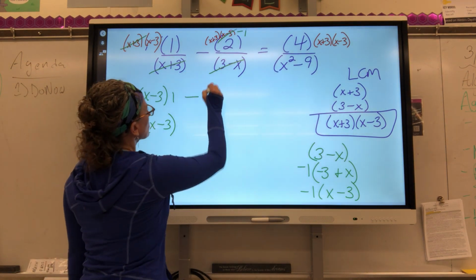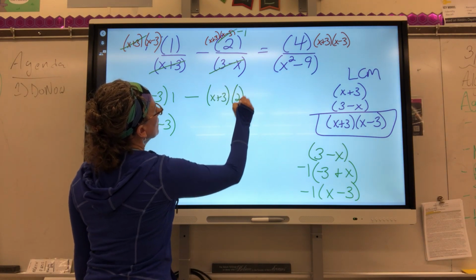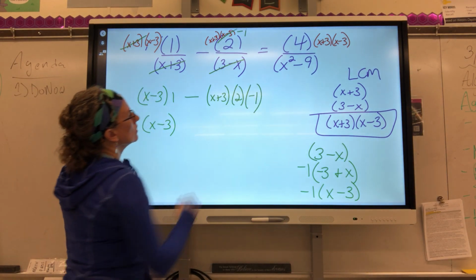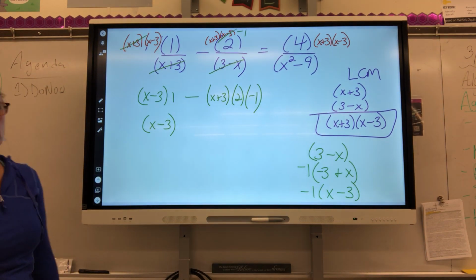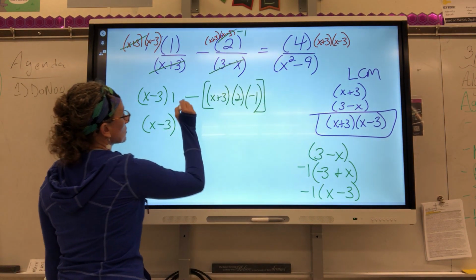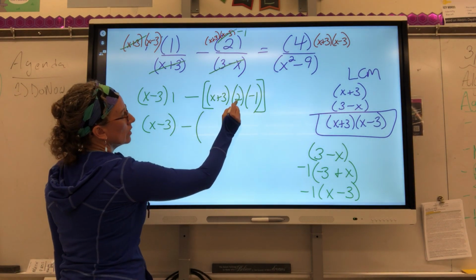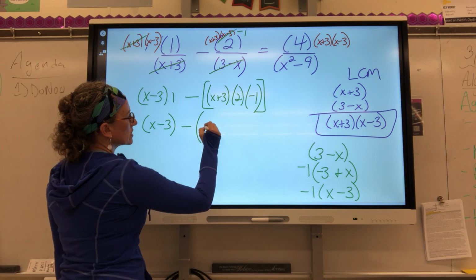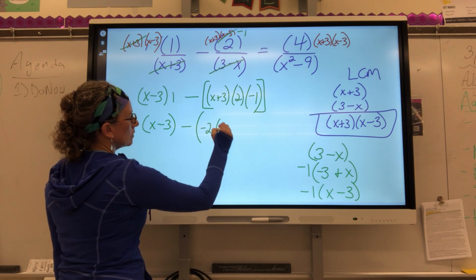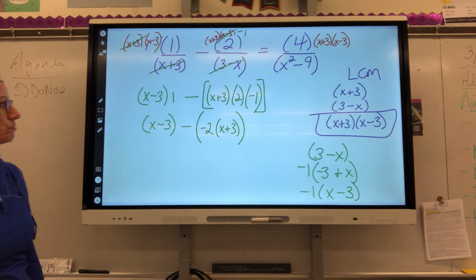I see an x plus 3 still there. There's a 2 still there. And there's a negative 1 now. And the whole thing has to be written that way. And the whole thing has to be subtracted. So minus the entire 2 times negative 1, which is negative 2, times (x plus 3), big parentheses.